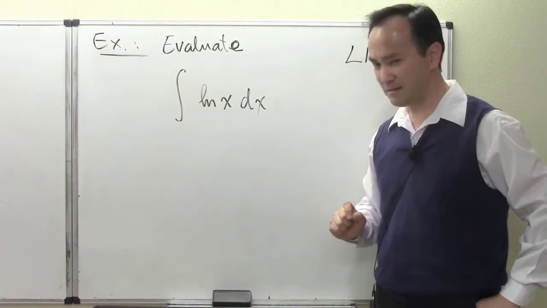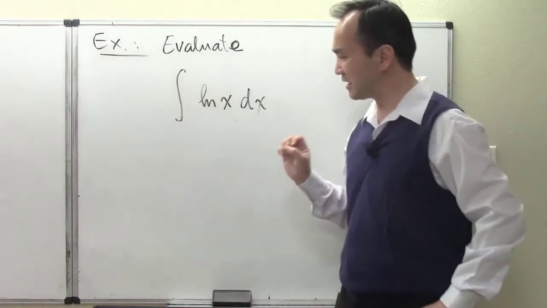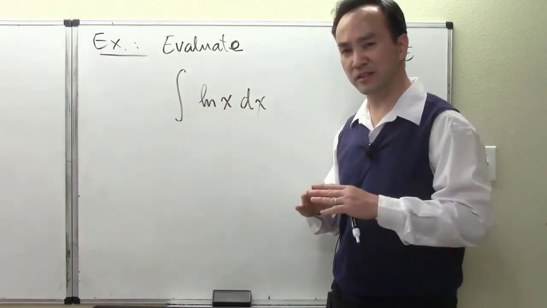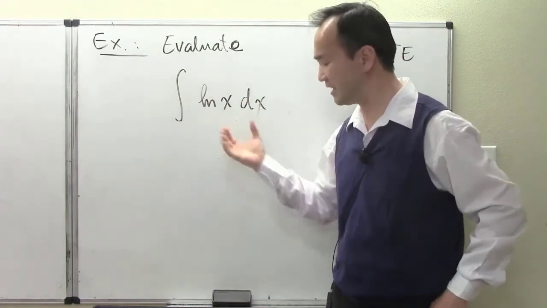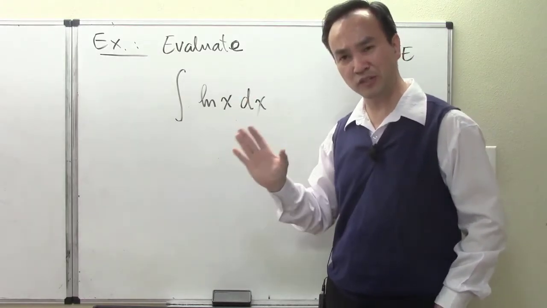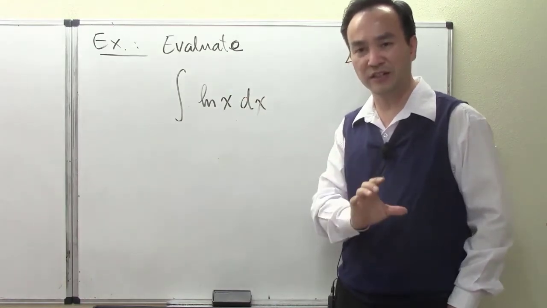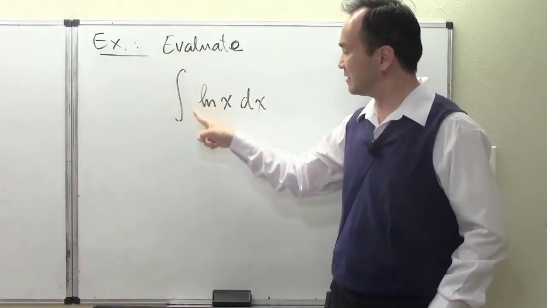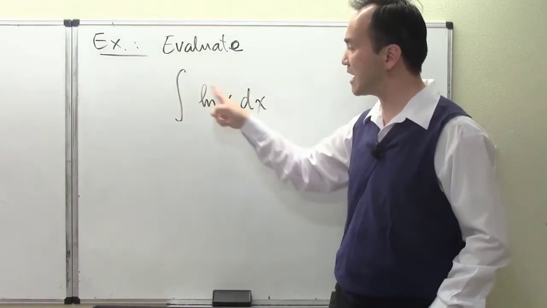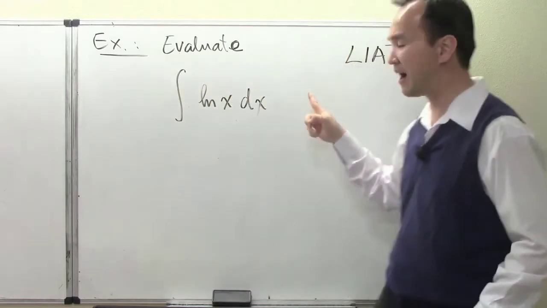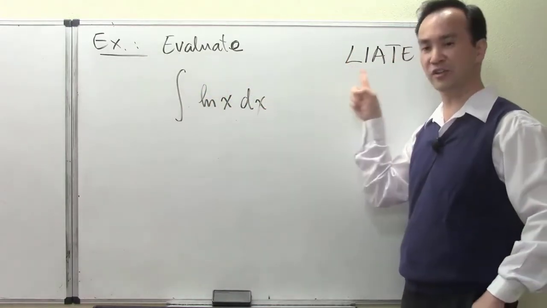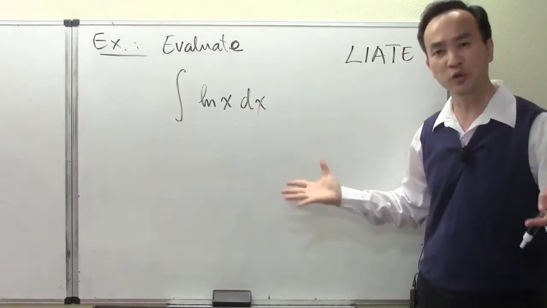But when we look at this problem, it is surprisingly simple, a little bit too simple. Back in the examples in the main general lecture, the functions we were integrating had a clear product of two separate functions from two different families, and that was where the LIATE guideline was so useful.